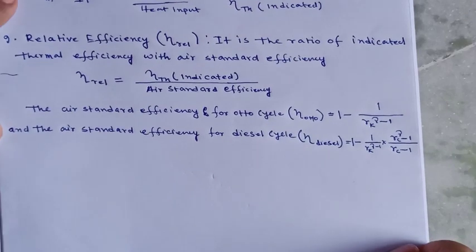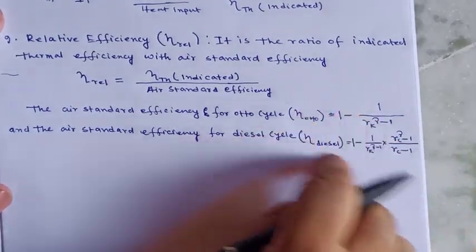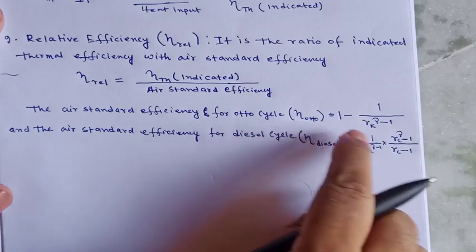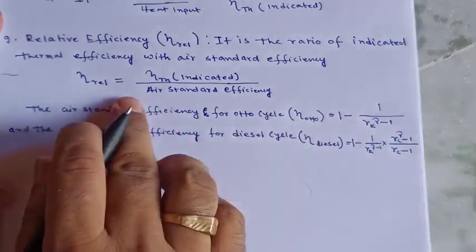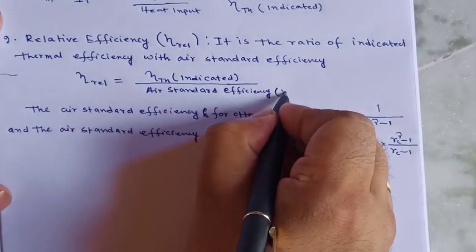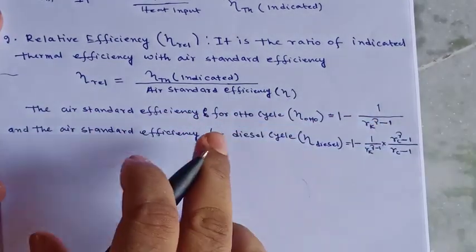Now you have to remember this formula for Otto cycle efficiency and diesel cycle efficiency, which is the air standard efficiency.